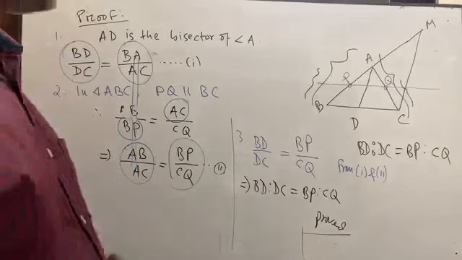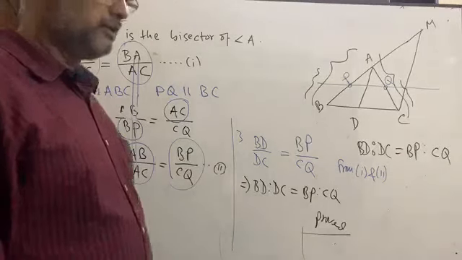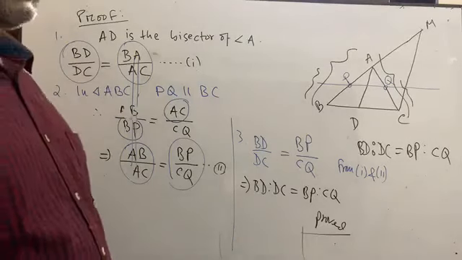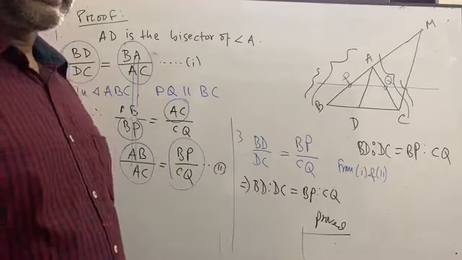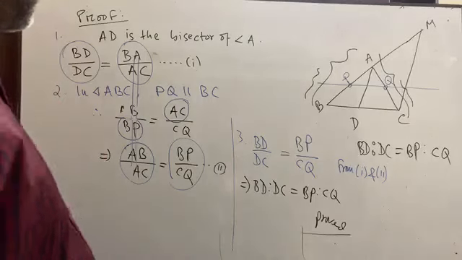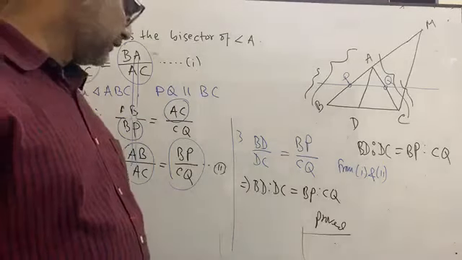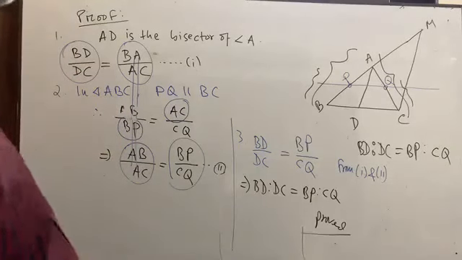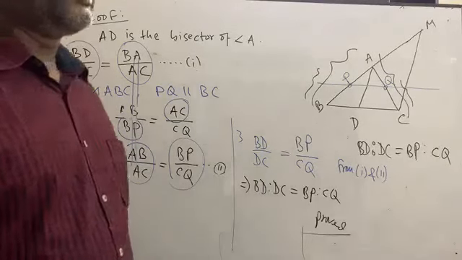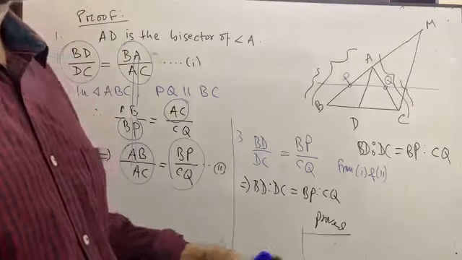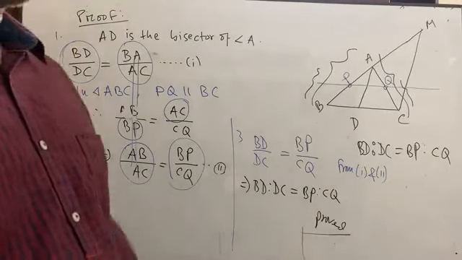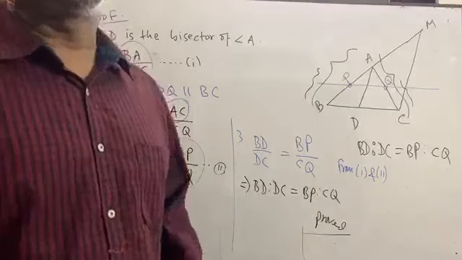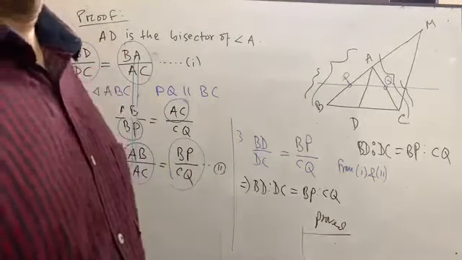From exercise 9.1 and 9.2, if any math is given to you, you can do all of it. Exercise 10, you know the math of river, the math of helicopter or balloon, and the math of pole. These types of maths are always given in the examination.